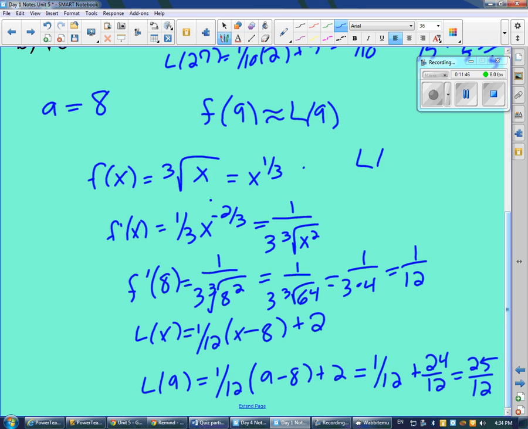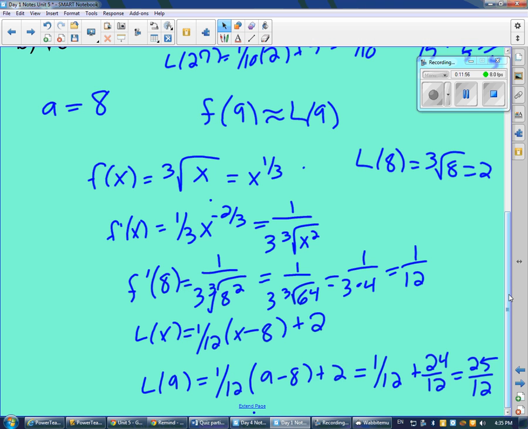When we find L of 8, it's the cube root of 8, which is 2. So that's my f of a. And then you just plug in your x value, which we're trying to find, which is 9. And again, you solve it, simplify it, get a common denominator, and so I get 25 over 12. And that would be my answer for the linearization.